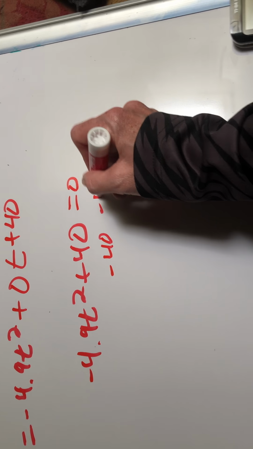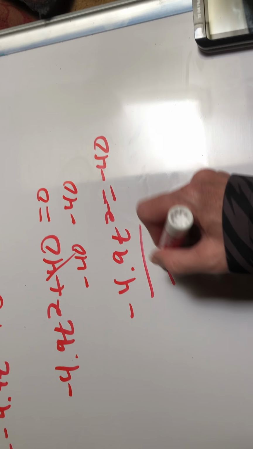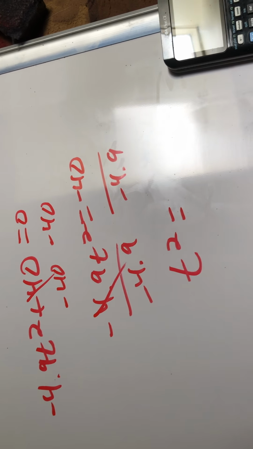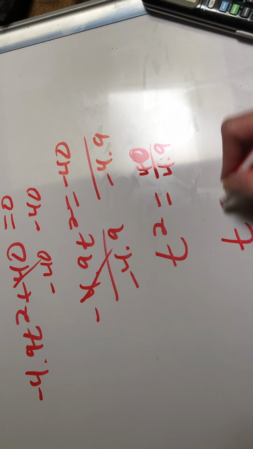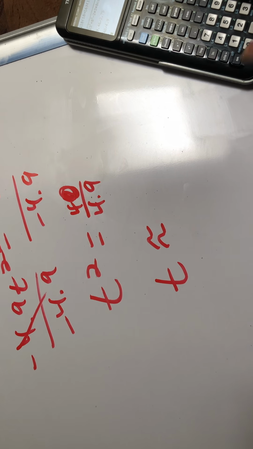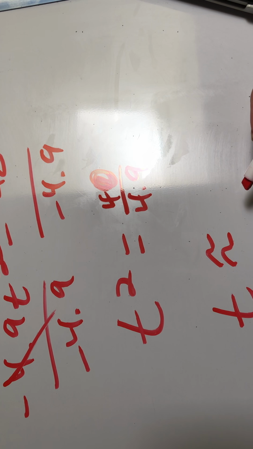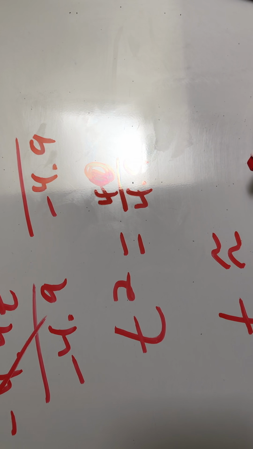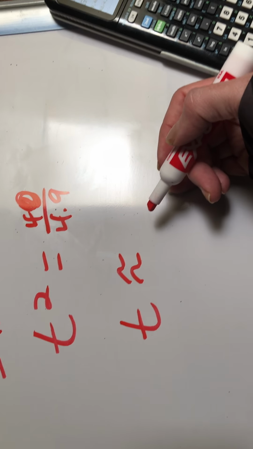One way is subtract 40, isolate the t squared. Negative 4.9 t squared equals negative 40. Divide by negative 4.9. So t squared is 40 over 4.9. So t, and here you only want a positive answer, so we wouldn't do plus or minus. 40 divided by 4.9, which gives us... okay, hold on.